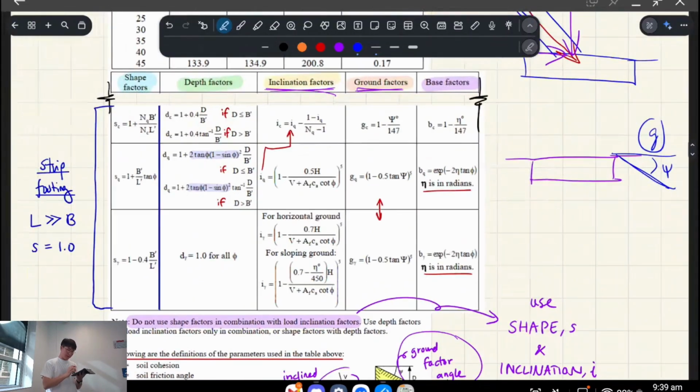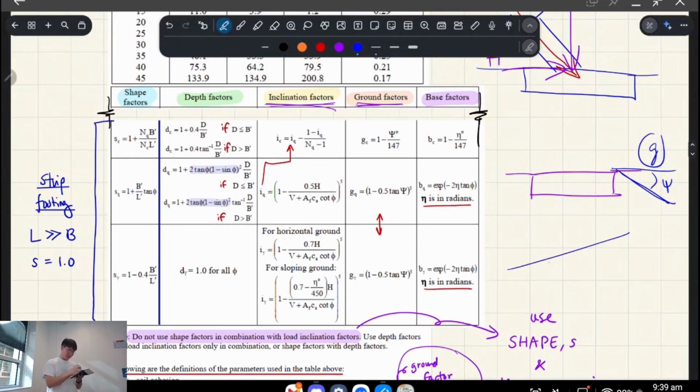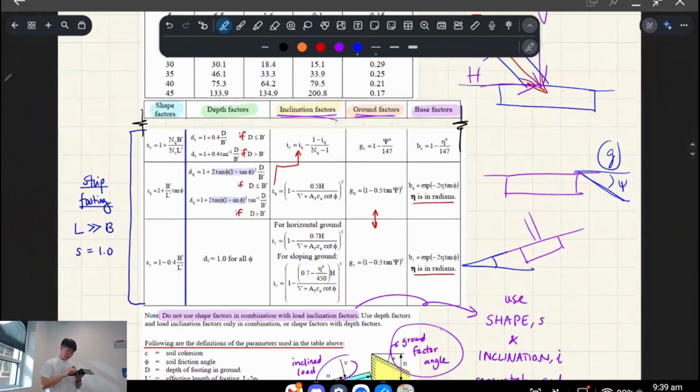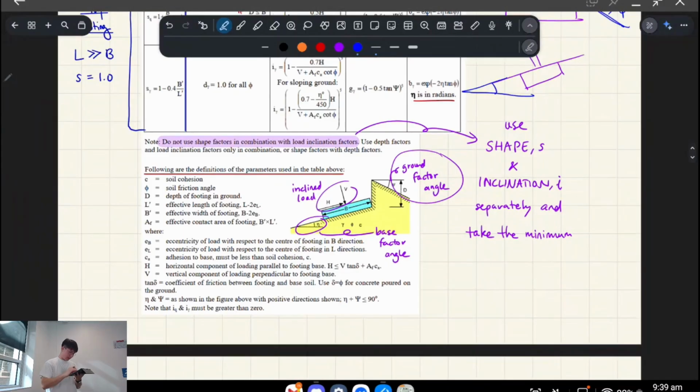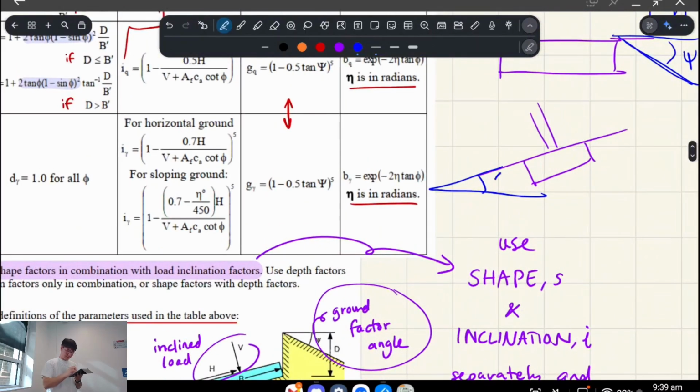Okay, and then another one is your base factor. This is to do with the angle of your building, basically, right? This slope, we'll call it eta, I think. The weird looking N is eta.